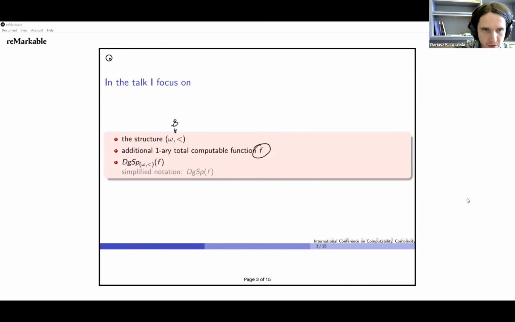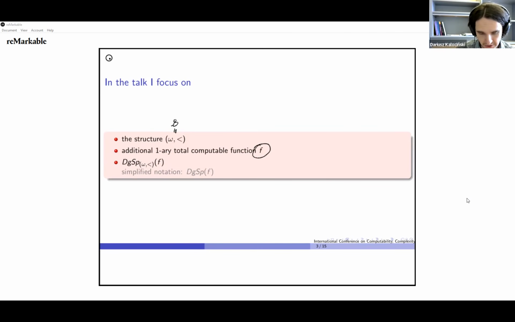In this talk, I'll be focused on a particular structure, natural numbers with standard order, and the additional relations that we'll be looking at will be unary total computable functions.